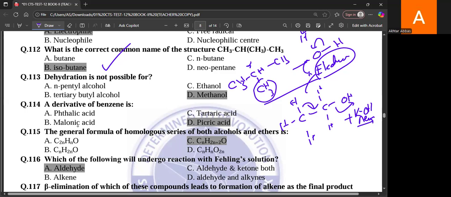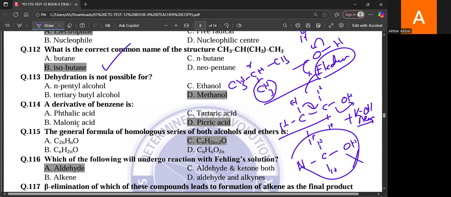So we can say that if we have only one carbon atom, it does not produce any alkene. So the minimum number of carbon atoms in alkenes is 2. So methanol does not give dehydration.